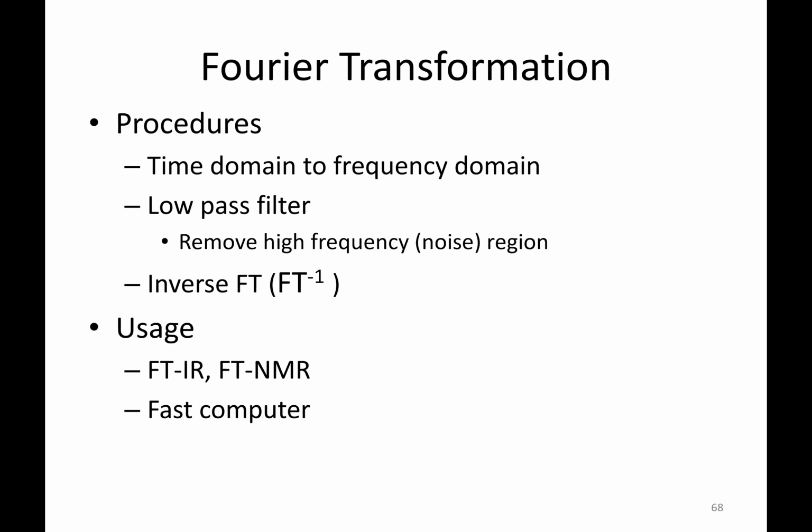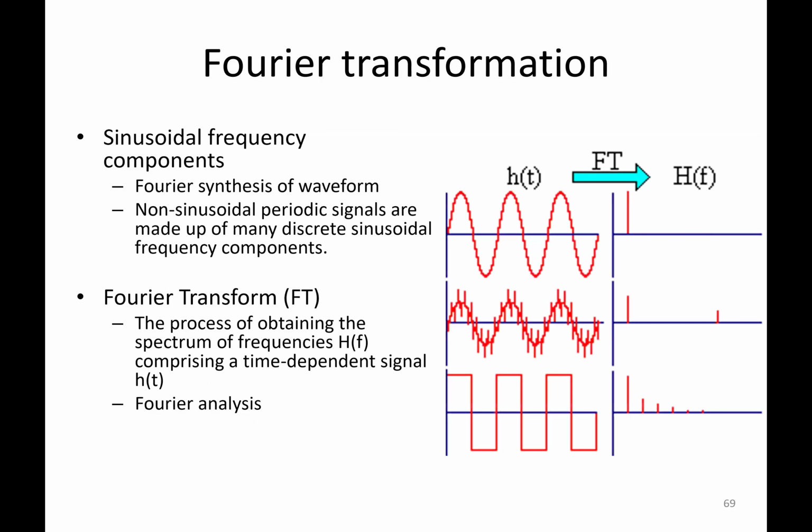The Fourier transform is just transforming the time domain to the frequency domain, and you can do vice versa. It finds usage in FTIR and FTNMR, and you need fast computers like we have. We enjoy fast computers. So let's illustrate on this class what we mean by the two terms.